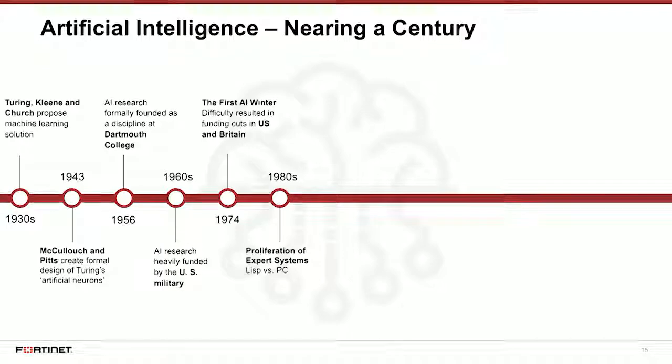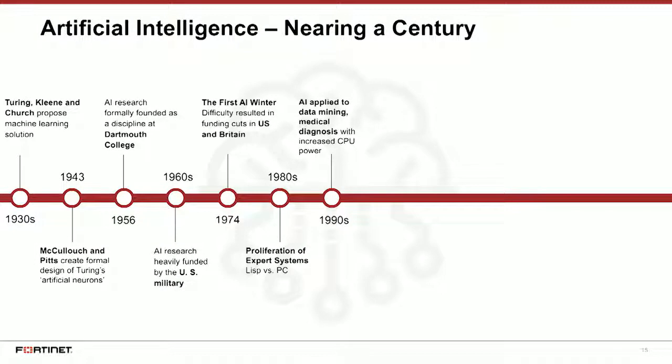This lasted up until the 1980s, when the x86 and Lisp started to spring up, giving more computing power, and up until the 1990s, when AI applied to data mining and medical diagnosis surpassed by a great amount the accuracy of a human analyst trying to find signs of any disease on images. And that's understandable, right? We can't see pixels. So a machine will obviously be way more able to do this.